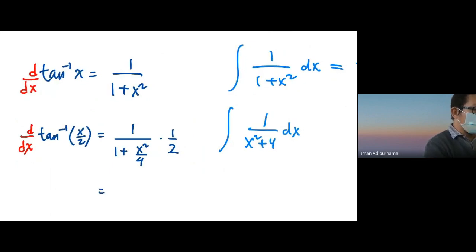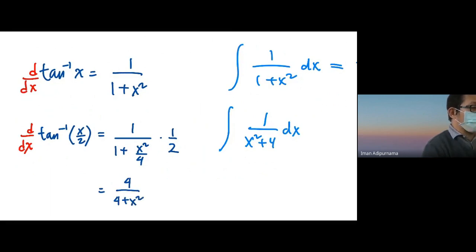Solve a little bit here, rewrite the form, it will be 4 over 4 plus x squared, right? We multiply 4 by 4. We can have 4 divided by 4 plus x squared and multiply with half, and we get 2 over x squared plus 4, right?